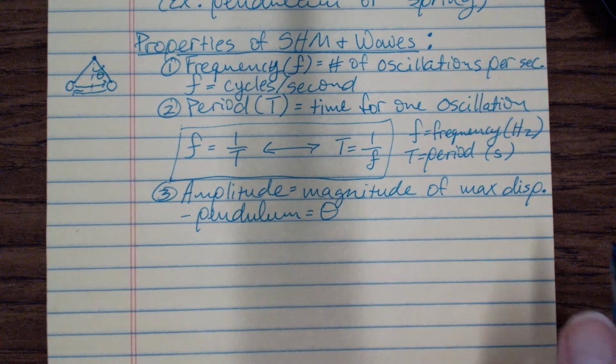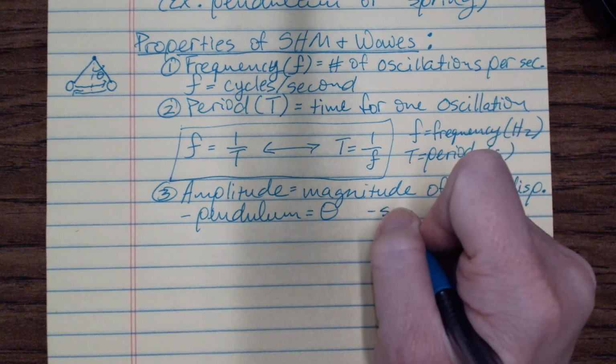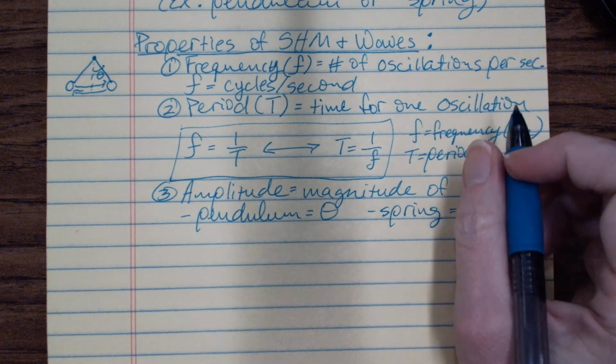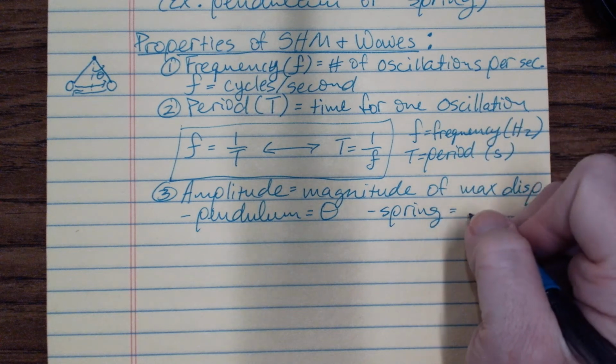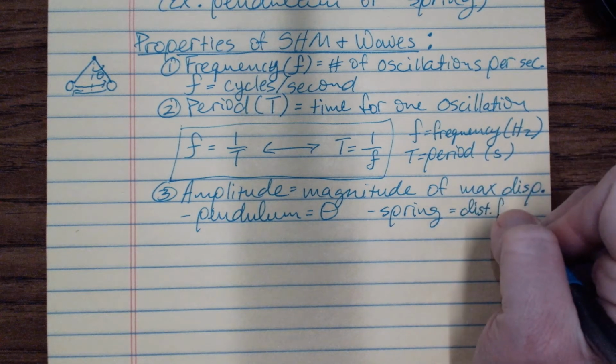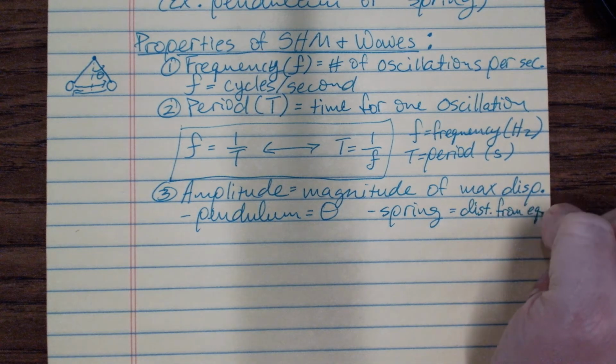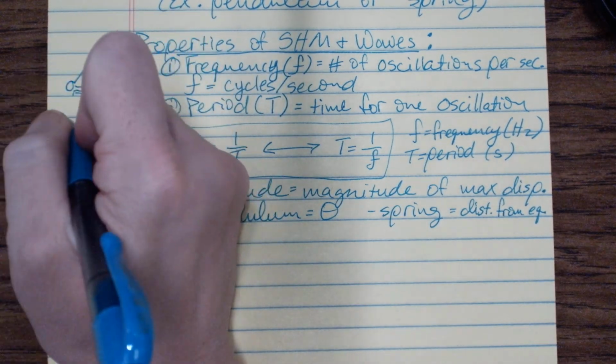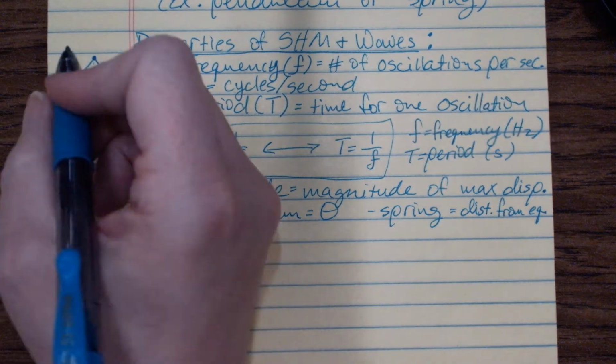For a spring, it's a little different. For a spring, it's the distance from its equilibrium position, okay? So if you had a spring, think about, let's say I drop something on top of a spring.